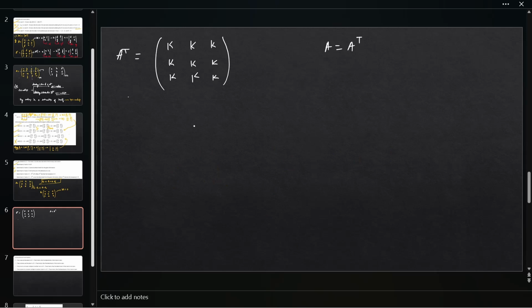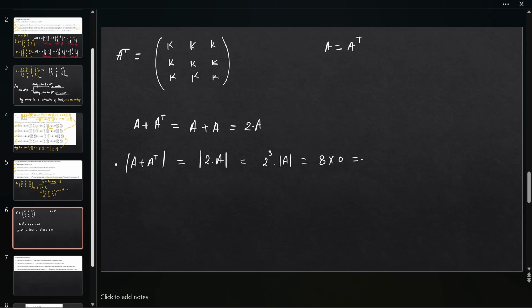So if A is equal to A transpose, then A plus A transpose can be written as A plus A again, which is just 2 times A. Now, the question asks us to find the value of the determinant of A plus A transpose, which is basically equal to the determinant of 2 times A. And here we know that if we take 2 out, it will not just be 2, it is 2 to the power 3 because it is a 3 cross 3 matrix, times the determinant of A. And since the value of the determinant of A is 0, it is going to be 2 cubed times 0, which is equal to 0.